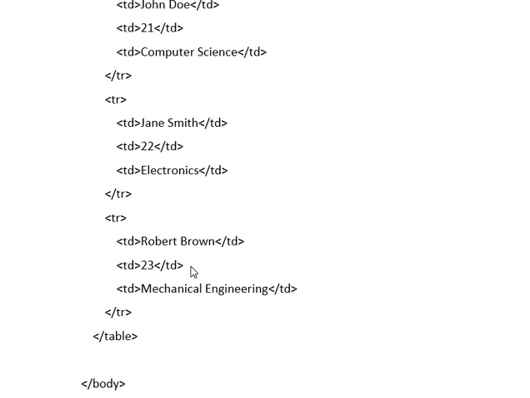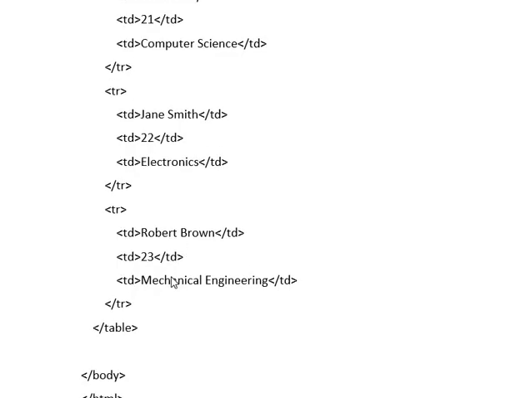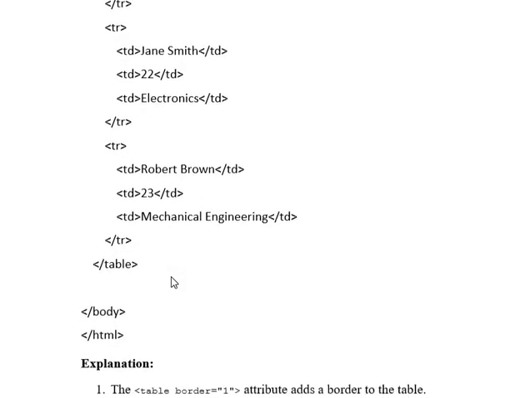So the information that we are writing in the table data row is the name of the student, the age of the student, and the course chosen by the student. So this is how you can create the fourth row, where you are putting the information of the third student. So this is the third data row.